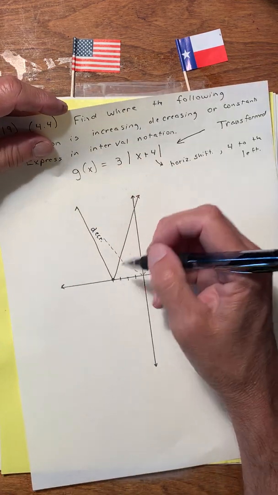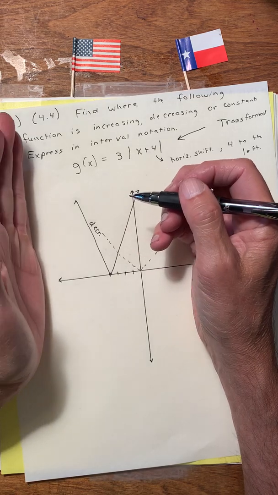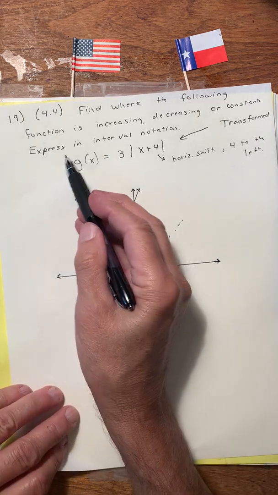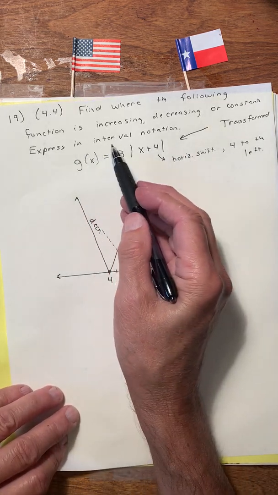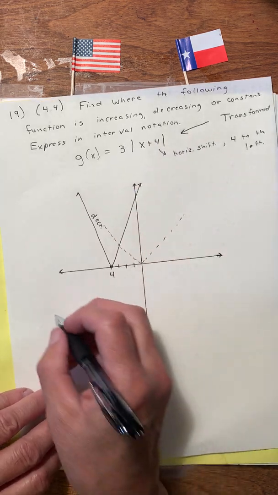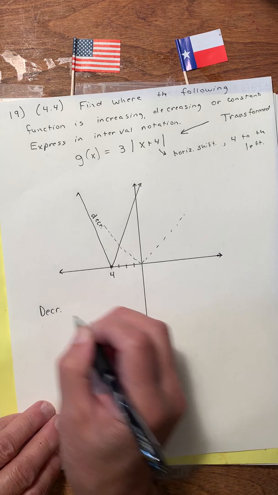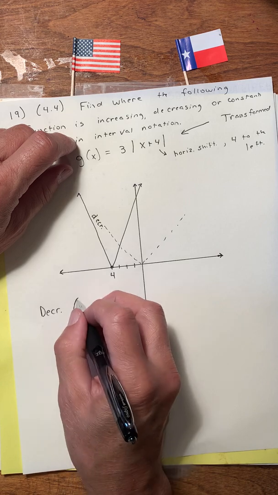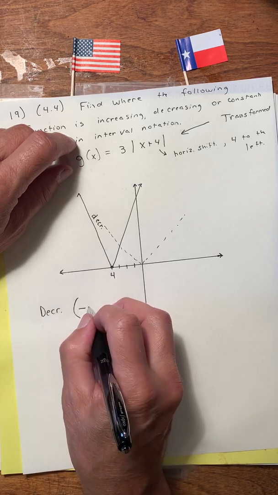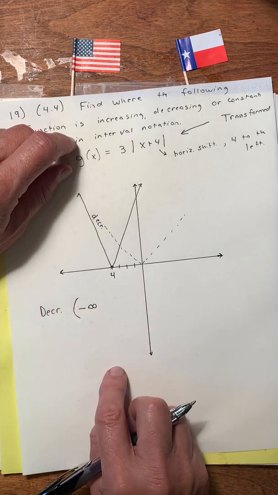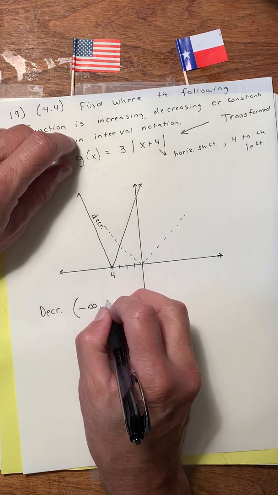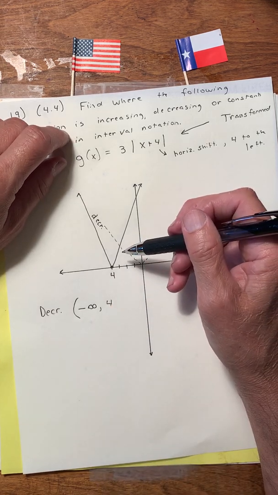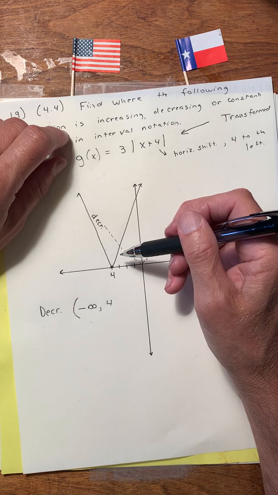It's going down. And it's going down all the way from -infinity all the way to 4. Now I want to express the decreasing interval in interval notation. So decreasing from -infinity all the way to 4. Remember, I always put a parentheses with my infinity symbols because it's not a number that I'm including. It's a concept. All the way to 4. Now, ladies and gentlemen, here's another place where a little insight is going to give you the correct answer.